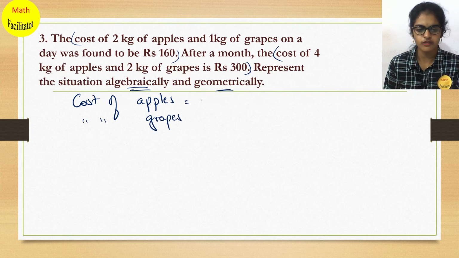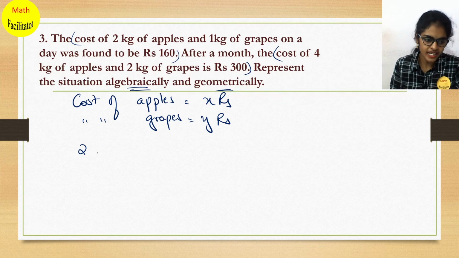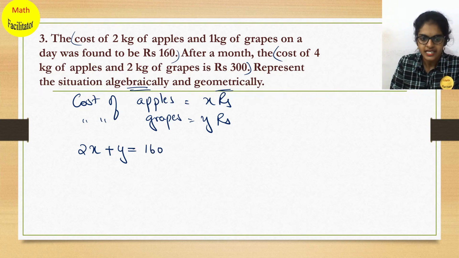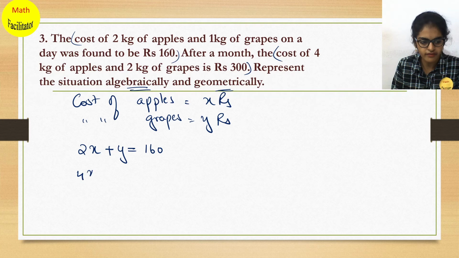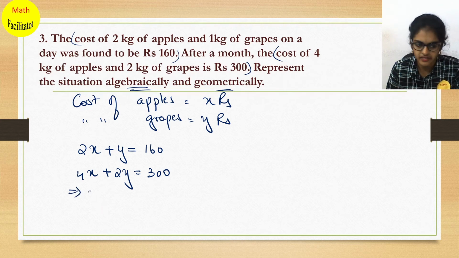I'm taking the cost of apples as x rupees, and the cost of grapes as y rupees, similar to the previous question. So 2 kg of apples is 2x plus 1 kg of grapes is 1 into y, which is y. You are paying 160 rupees. This is the first condition. Second condition: cost of 4 kg of apples is 4x plus 2 kg of grapes is 2y. You are paying 300. That's it. So here, from the second equation, you can take 2 common.